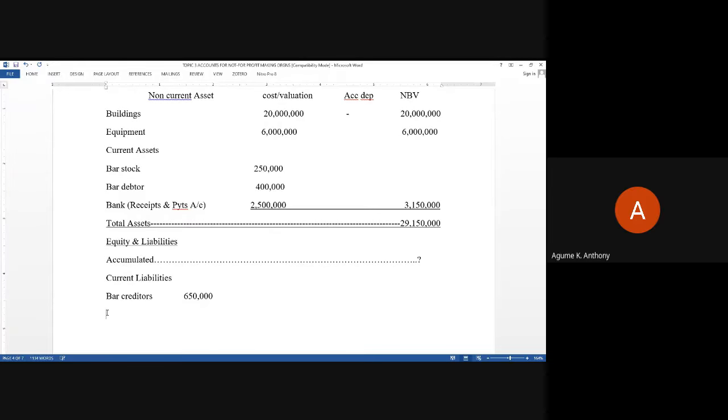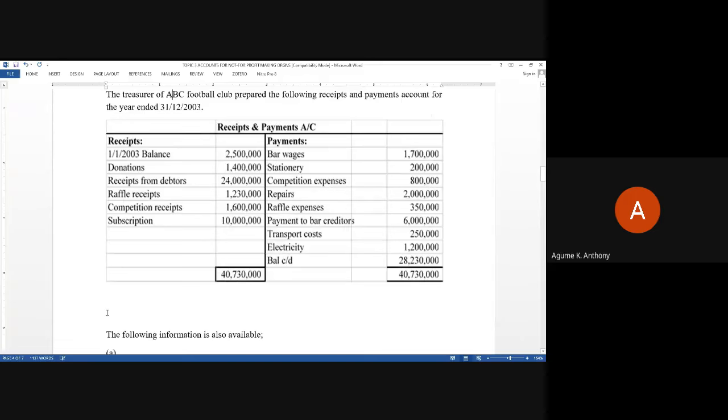Then you have bar wages outstanding, bar wages in arrears. If I may take you back, I believe you've printed the question, because that's why I'm not scrolling up to check those figures.